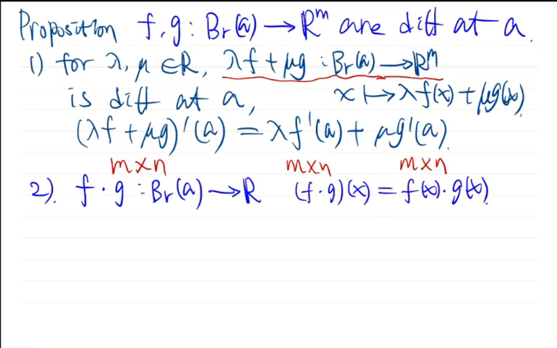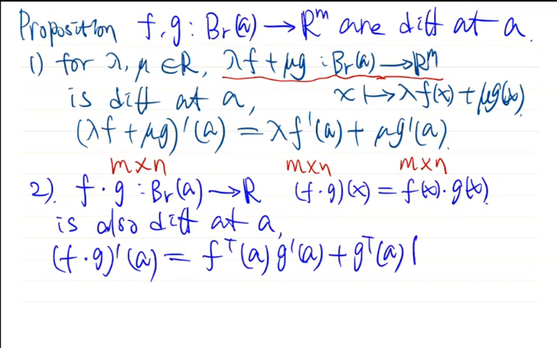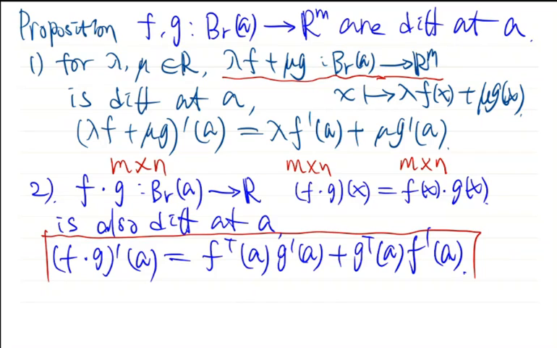This function is also differentiable at A, and the derivative can be given by the formula: the transpose of f(A) times g'(A), plus the transpose of g(A) times f'(A). This is the derivative of the inner product function.